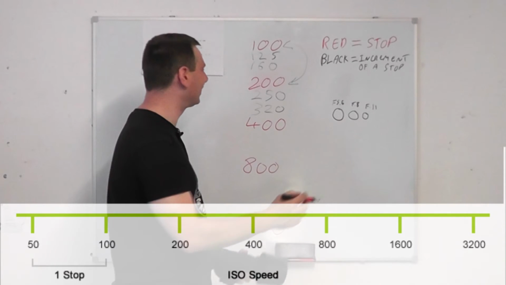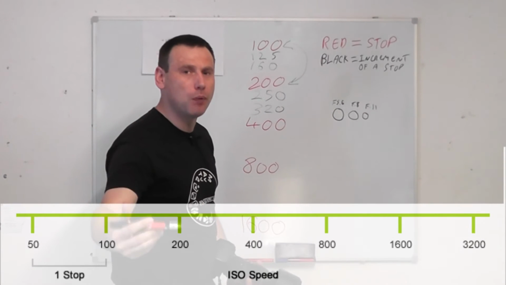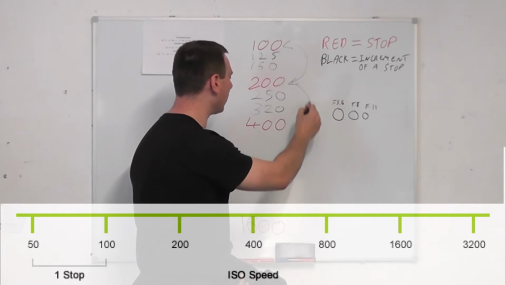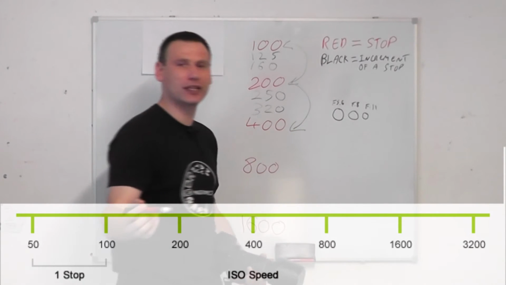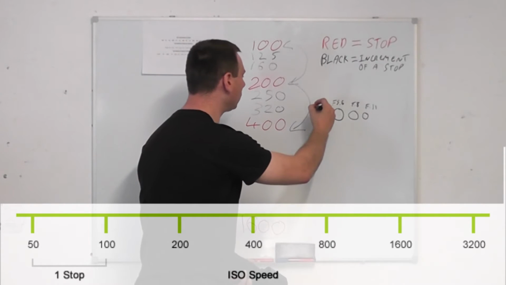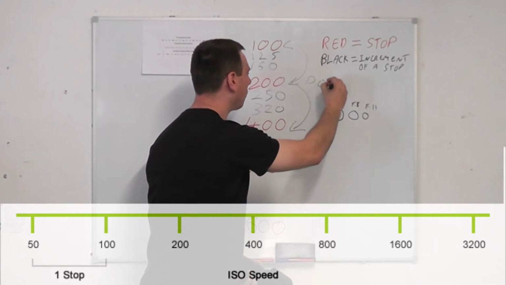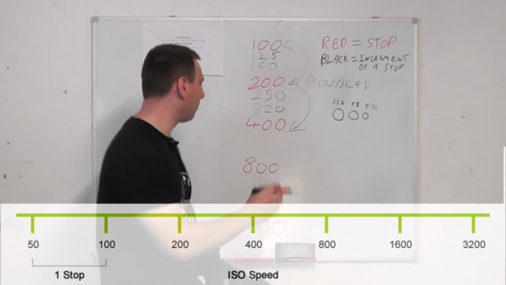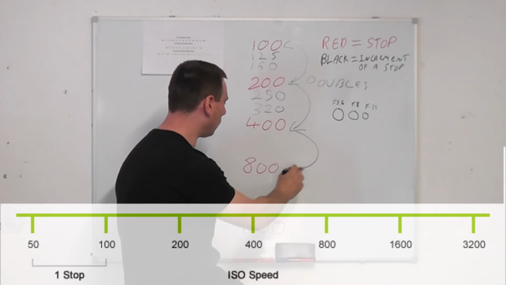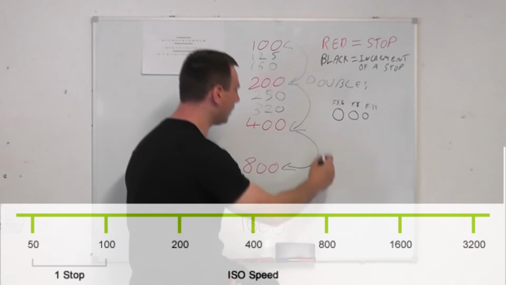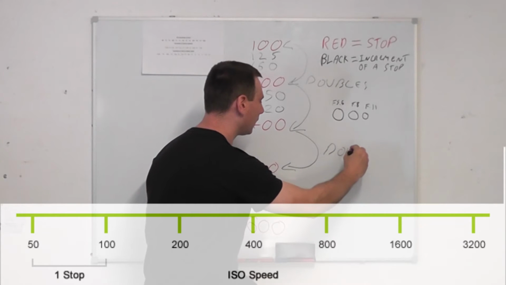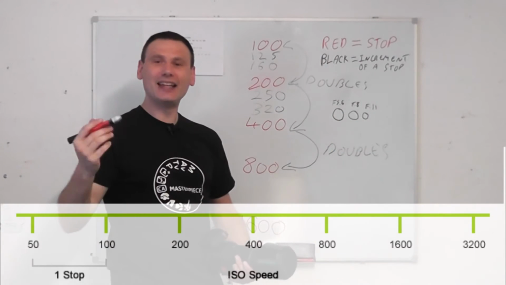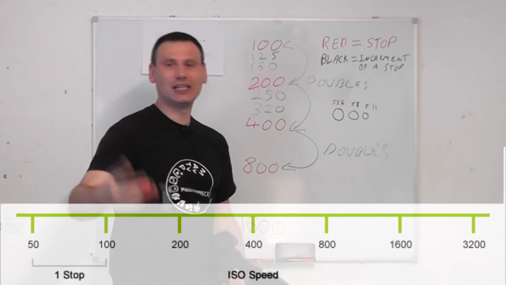So as you can see, if I wanted to double the amount of light with ISO, I would have jumped from 200 to ISO 400. That always doubles the amount of light. So if I move from ISO 400 all the way to 800, I again would have doubled the amount of light, because it always doubles. So anything else in between here is again an increment.